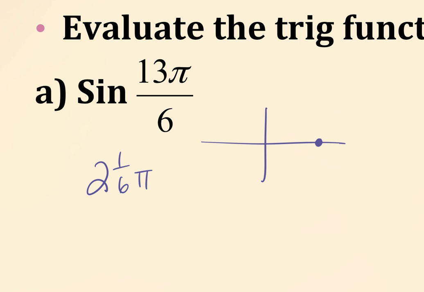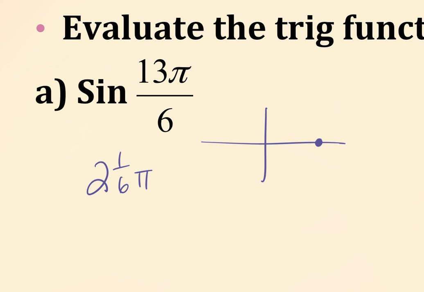Wait for it. And then the fractional part of it tells you if you're going to stop in the first quadrant after the whole number or if you're going to go past it into the second quadrant. So the cutoff is 1/2. Is 1/6 less than 1/2 or bigger than 1/2? It's less than 1/2.